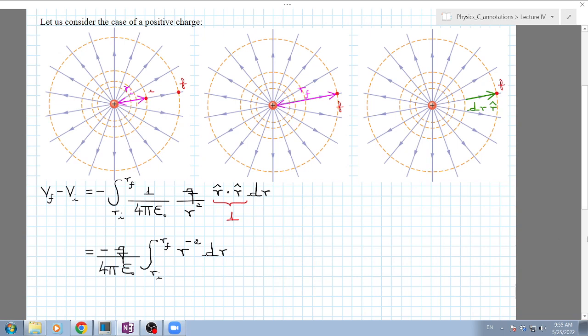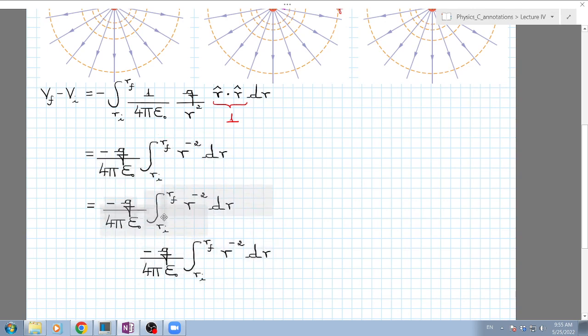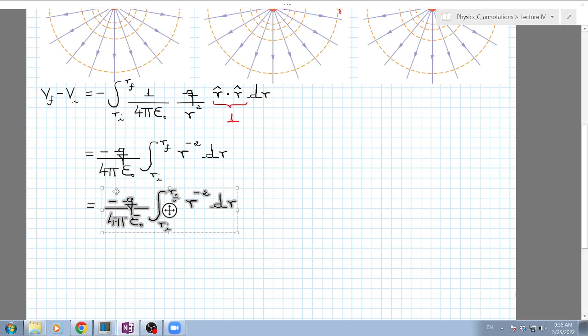This is going to give me, let me copy here so I don't have to write everything again, minus 1 over r, with limits from r_i to r_f.